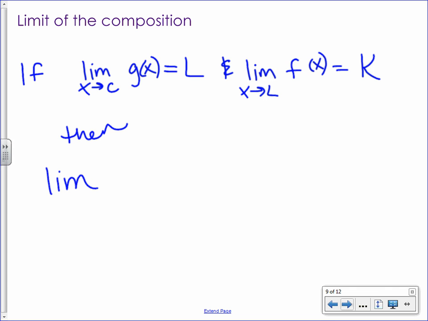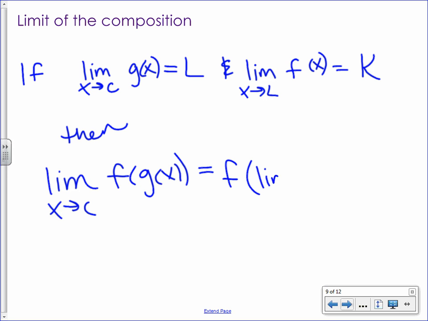The limit as x approaches c of our composition. We first evaluate the limit of our inside function. So we have f of the limit as x approaches c of g of x.